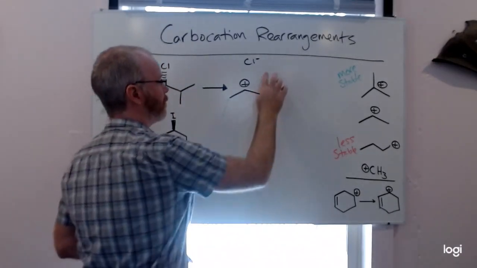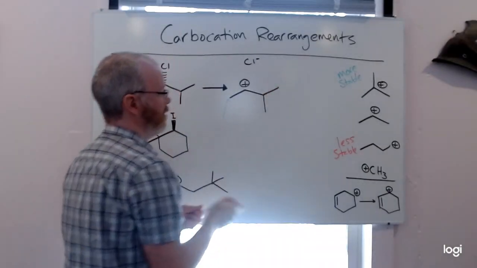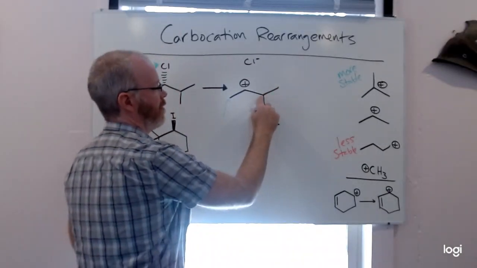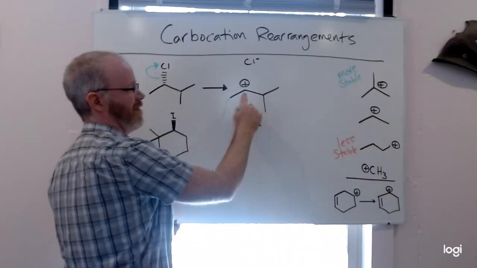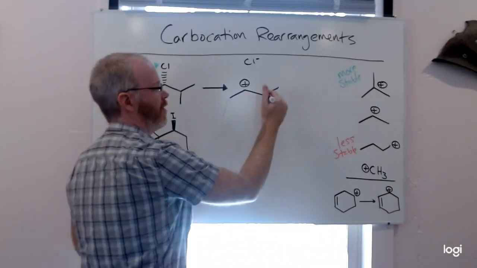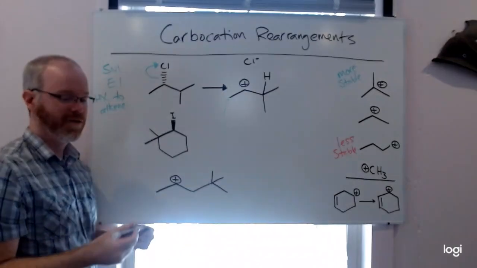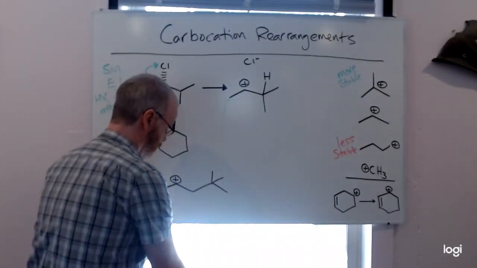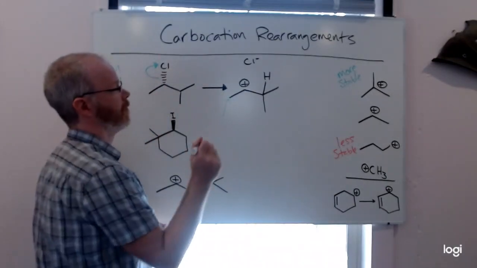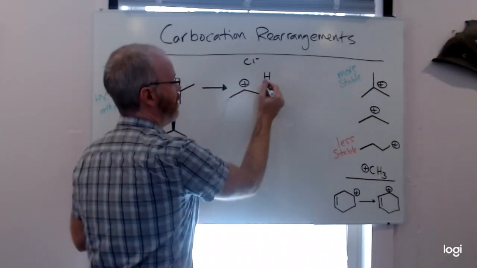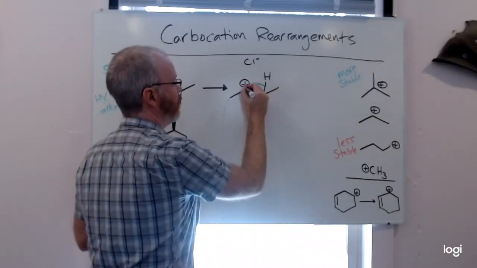How do we do that? So given our drawing, this carbon has a methyl, and this carbon over in the end. So there's 1 hydrogen remaining here that was undrawn in the skeletal structure, and we can use that for the rearrangement. And so what happens is the electrons shift over 1.